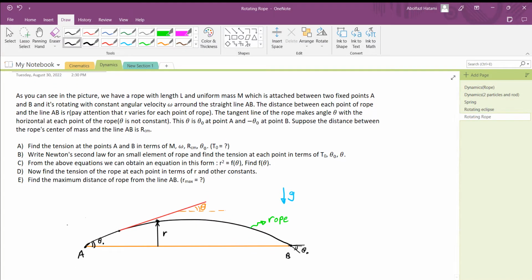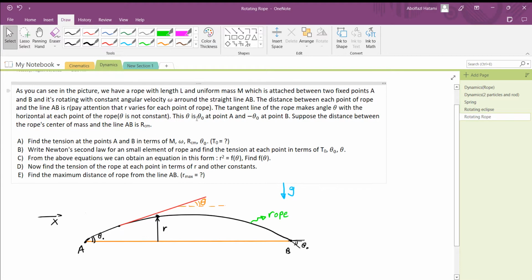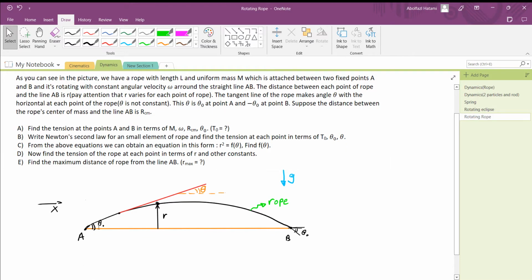And theta is not constant, it varies for each point of the rope again. This theta is theta 0 at point A, and also minus theta 0 at point B.